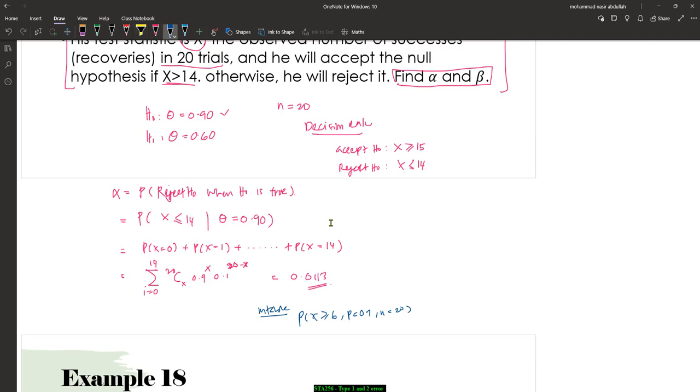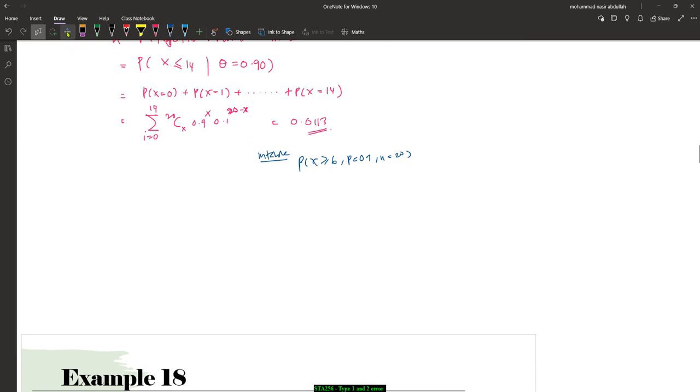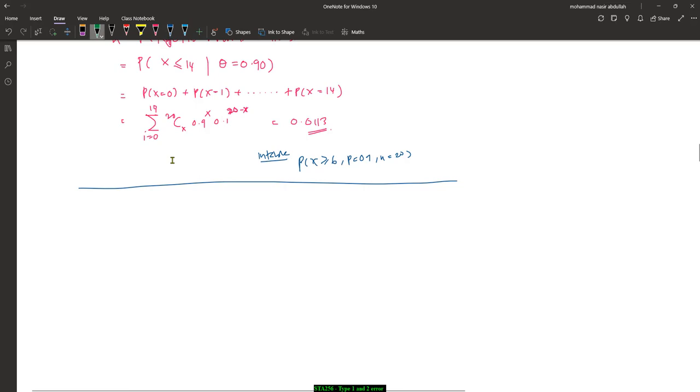And then to find beta, right, let me make it more space. So beta is, what is the definition of beta? Accepting null hypothesis when null hypothesis is false, right? Probability of accept null hypothesis when alternative hypothesis is true lah, ataupun null hypothesis is false.